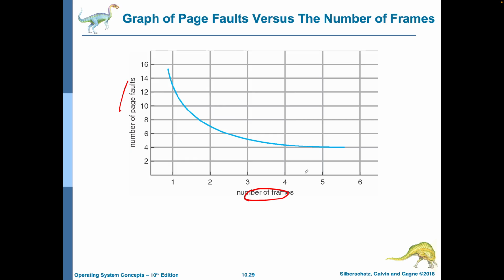But a very interesting anomaly occurs. This is not always true, depending on the algorithm or the reference string. As we increase the number of frames, the number of page faults may increase. A very interesting anomaly may occur. So we are going to study those in the next several slides.